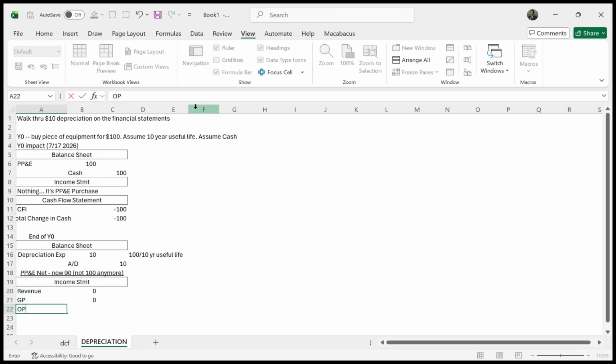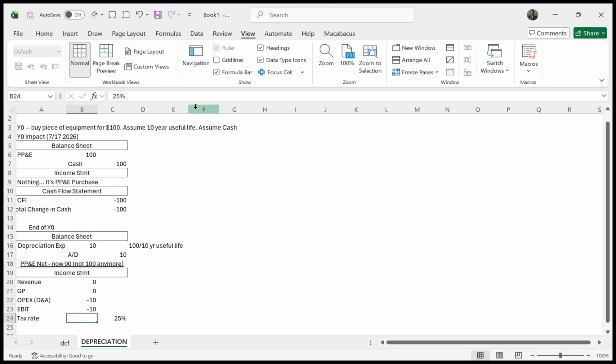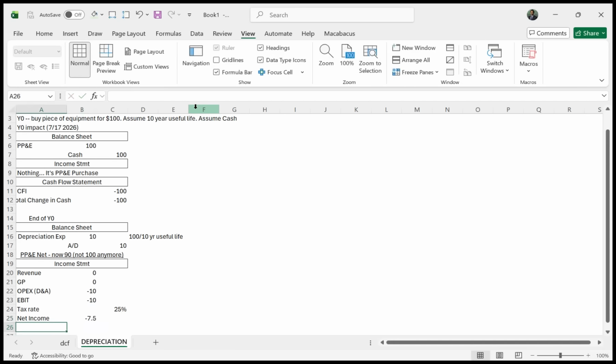But OpEx, D&A, is now down by negative 10, which means EBIT is down negative 10. However, with a tax rate of 25%, net income is actually down 7.5. That's the after-tax impact.